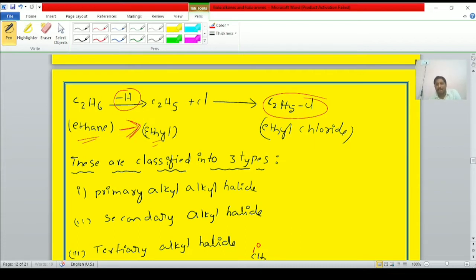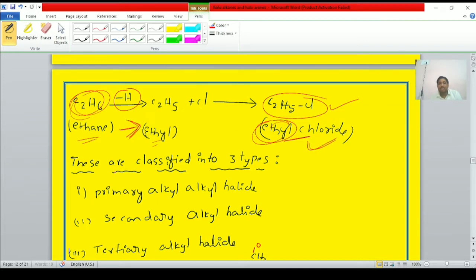This is about alkyl halides, students, like methyl chloride and ethyl chloride. The name of the ethyl group or methyl group depends upon the parent hydrocarbon. If it is obtained from methane, methyl chloride. Obtained from ethane, ethyl chloride.